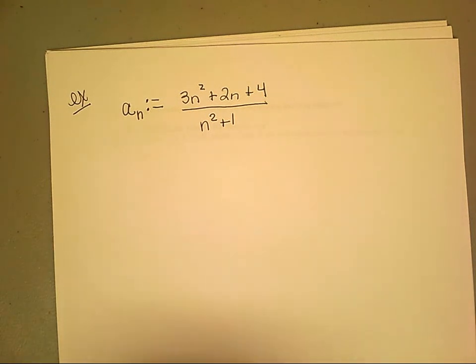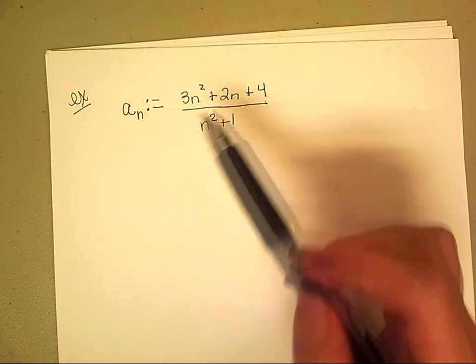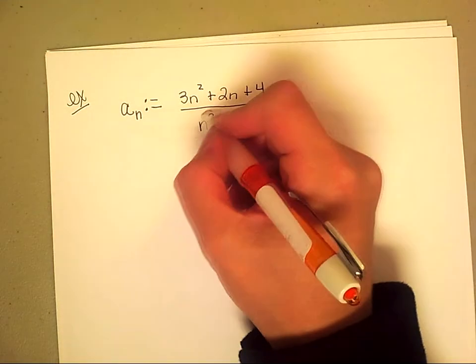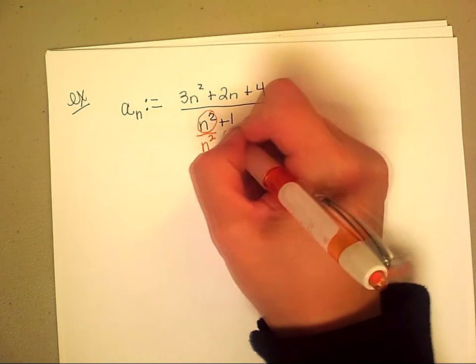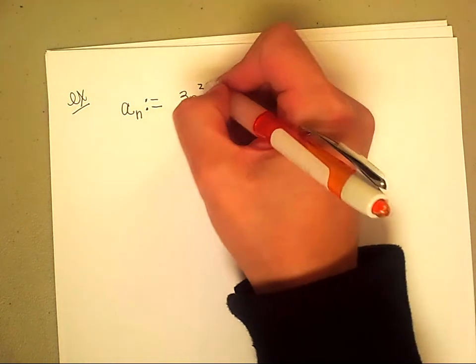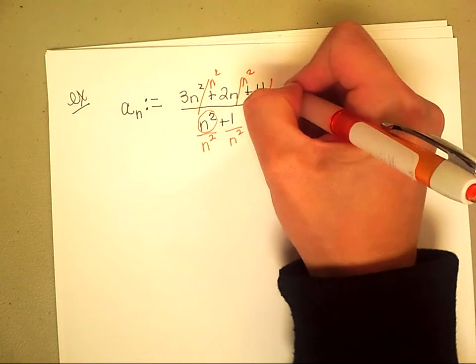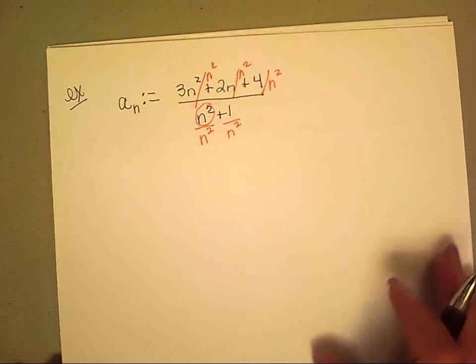Remember when we were doing this with rational functions, when we looked at the limit, we had infinity over infinity. One trick that we did is that we took the highest power in the denominator, and we divided everything by that power. That's what we're going to do.